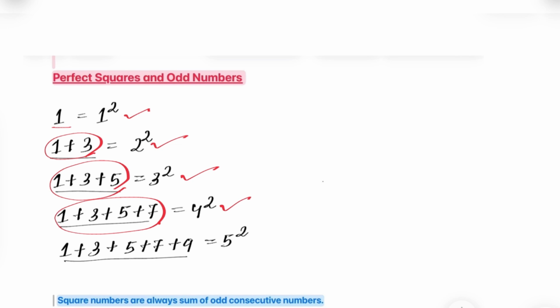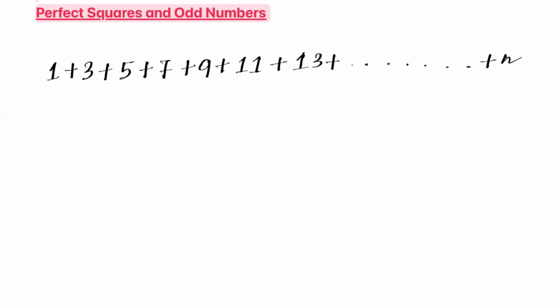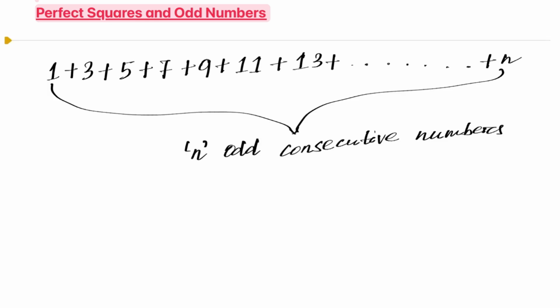And we can also see sum of first five consecutive odd numbers is 5 square. Now, here is a question for you. Can you find out the sum of first n consecutive odd numbers? Here, n numbers are there. That means the answer is n square.